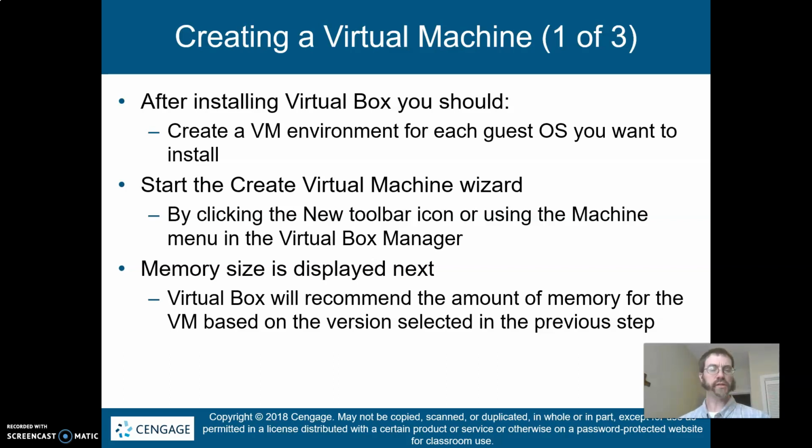Now, when you do this, it'll start asking you questions about what you are trying to accomplish. What kind, is it Linux? Is it Windows? Is it Mac OS? Is it BSD? What version? And it's going to come to some conclusions about how much RAM you might want. But you're not stuck with that.